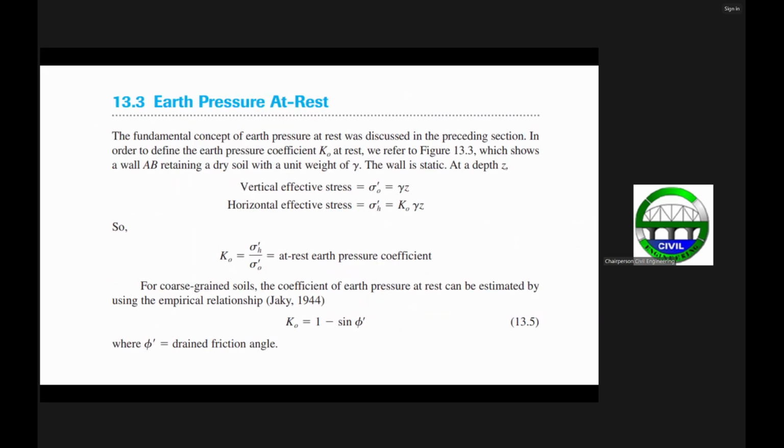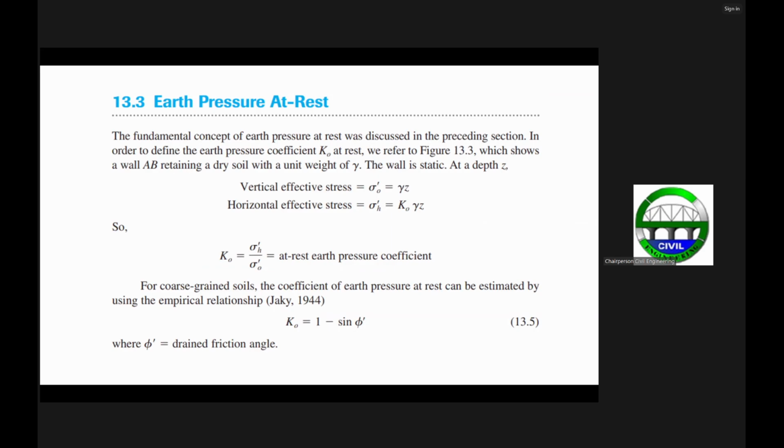Talking a little bit more about this at-rest earth pressure coefficient. According to this guy in 1944, if we have coarse-grained soils, then the at-rest earth pressure coefficient K0 can be estimated by this empirical relationship. When you say empirical, that means it's derived from field data.